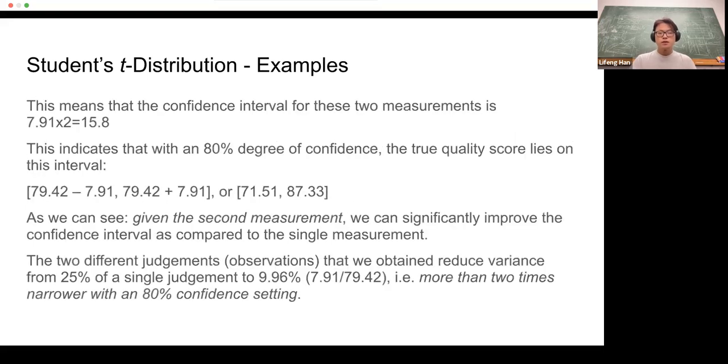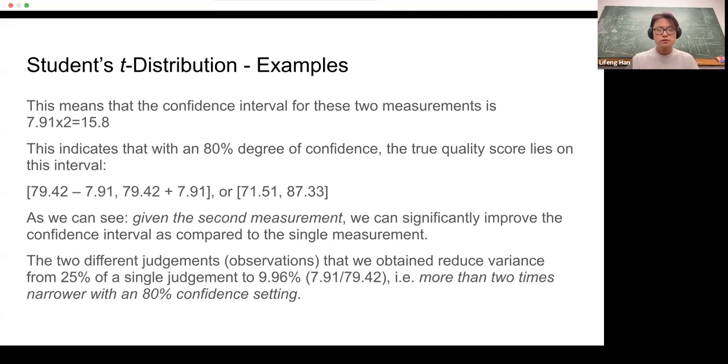This means the confidence interval for these 2 measurements is 7.91 times 2, that is 15.8. This indicates that with an 80% degree of confidence, the true quality score lies in this interval, 79.42 minus 7.91 to plus 7.91.